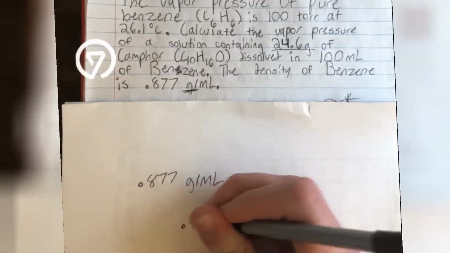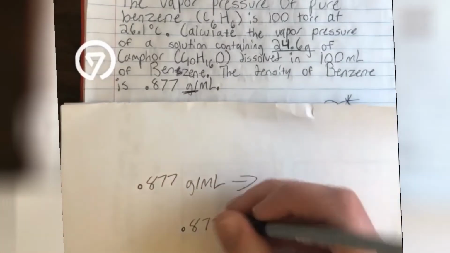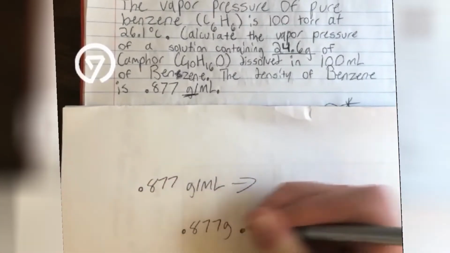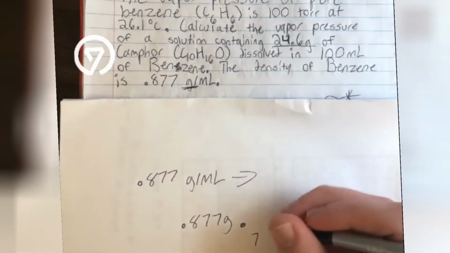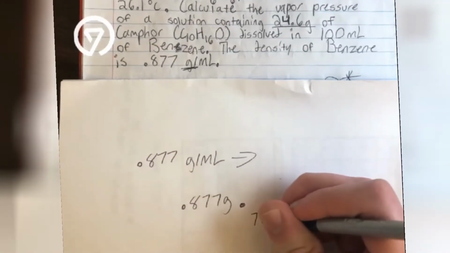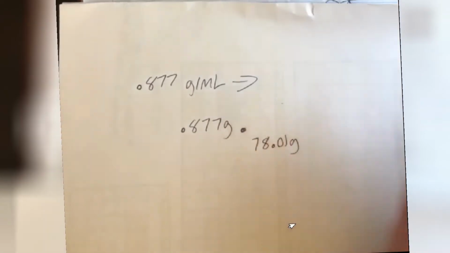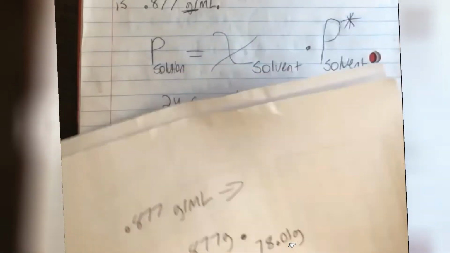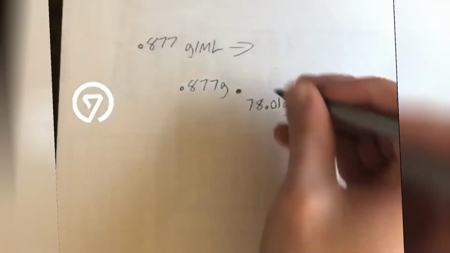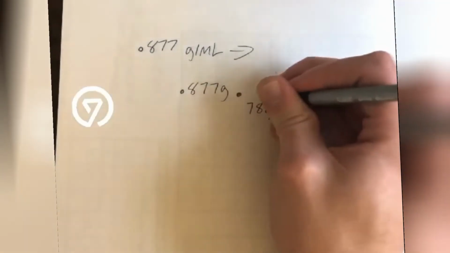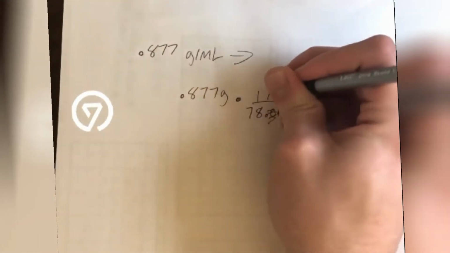That's just going to be a simple 0.877 grams times the benzene, which I already looked up last time. It's around 78.01 grams. Let me make sure we got our little cheat sheet right there. Yes, it is. There you go. Let's erase a little zero there. All right, so it's times 78.1.